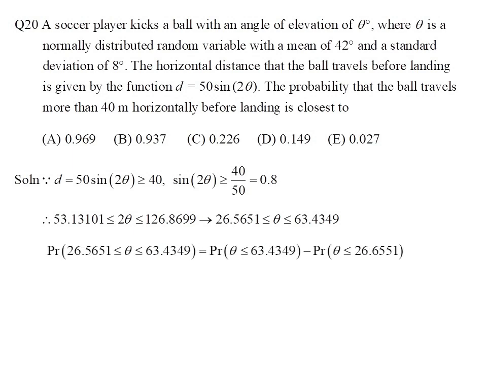Therefore, the probability of theta between 26.5651 degrees and 63.4349 degrees equals the probability of theta less than or equal to 63.4349 degrees minus the probability of theta less than or equal to 26.5651 degrees, which equals 0.9695. Hence, the answer for question 20 is A.